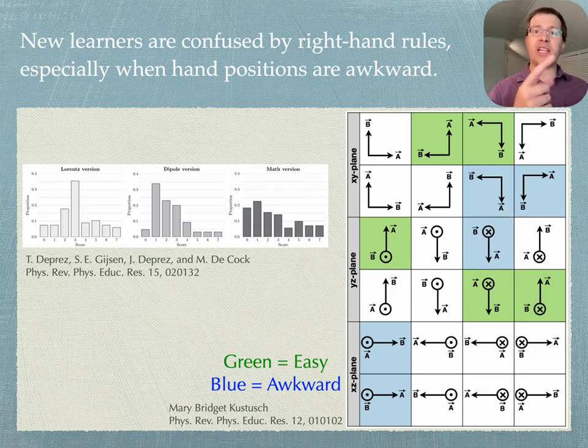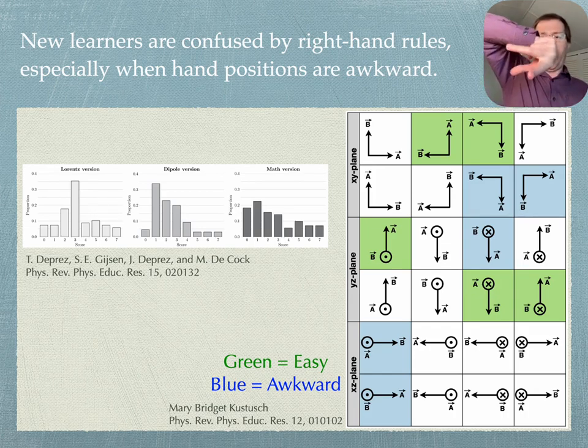For some orientations of your hand, like here and here, with your thumb going this way, it's easy to hold your hand that way, or here and here, or here and here. Those are easy orientations to do. Those are the ones shaded in green in this picture. On the other hand, some orientations of the vectors A and B are really awkward to do. A cross B or A cross B.